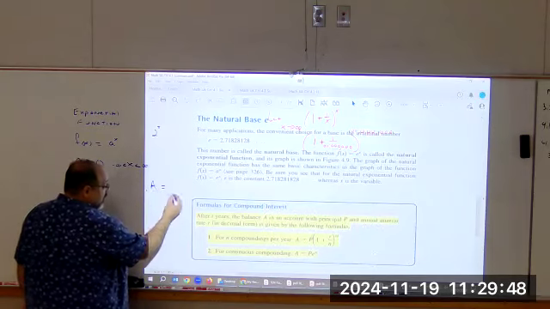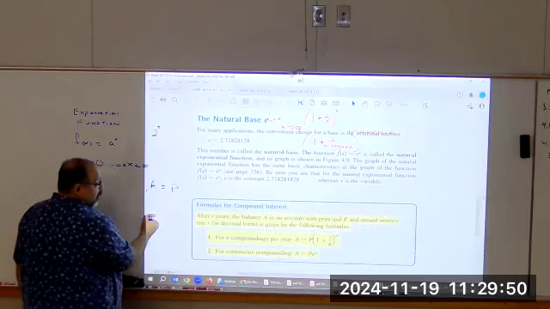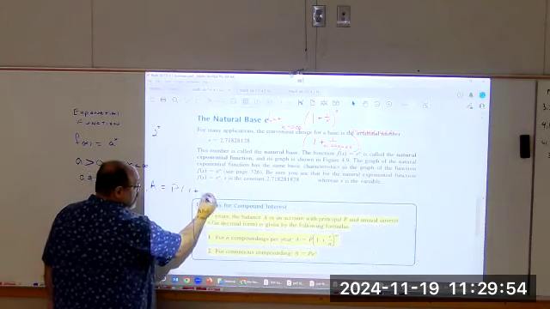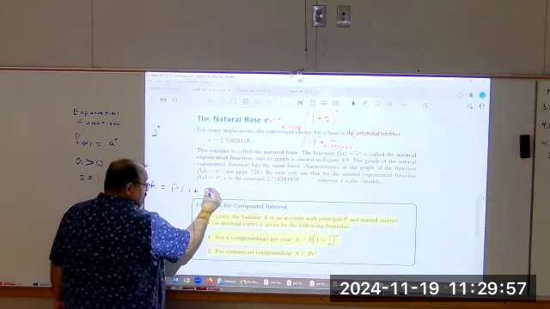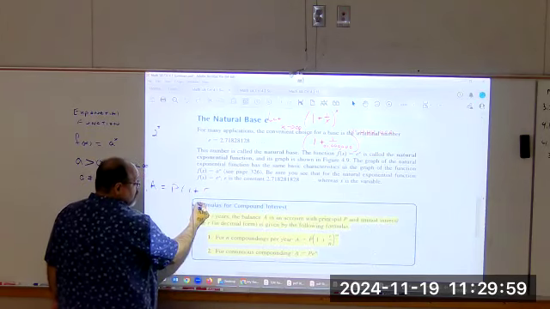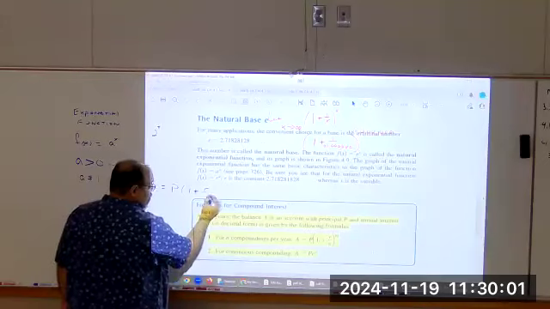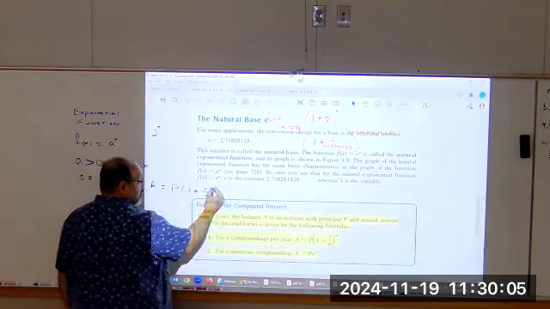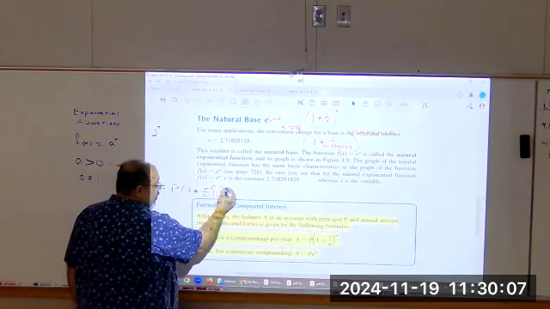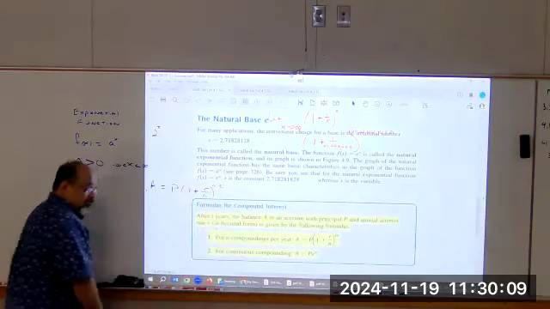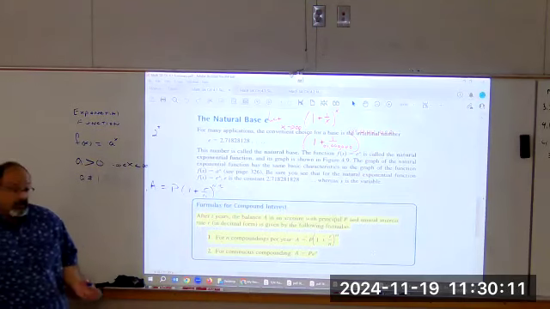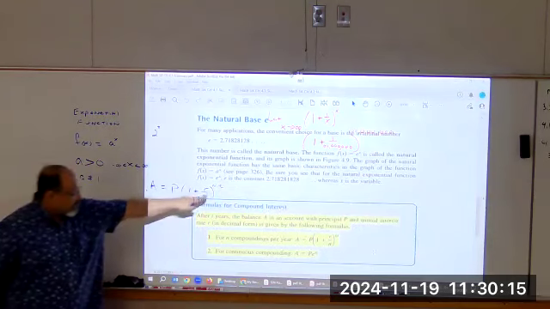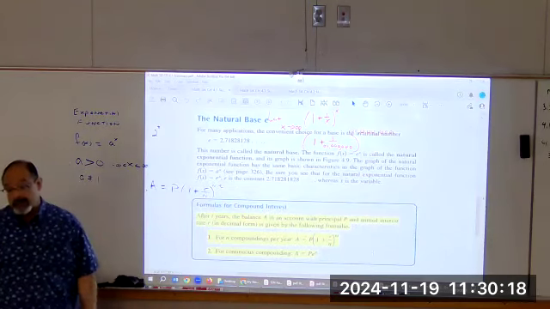The amount that you have is based on the principal that you invest times 1 plus the interest rate, how much you are either paying or earning, divided by n, which is how many times per year it's being compounded, to the nt power. So if it's compounded quarterly, n is 4. That's happening 4 times every year. And then t in years, how many years is this going to happen?